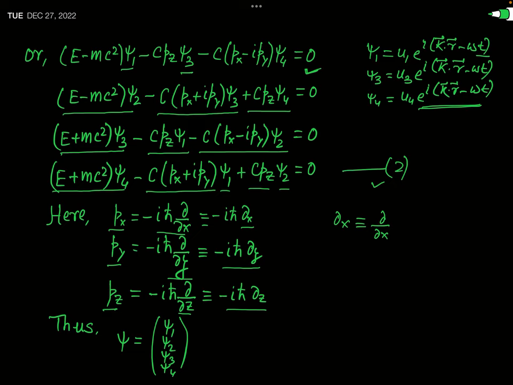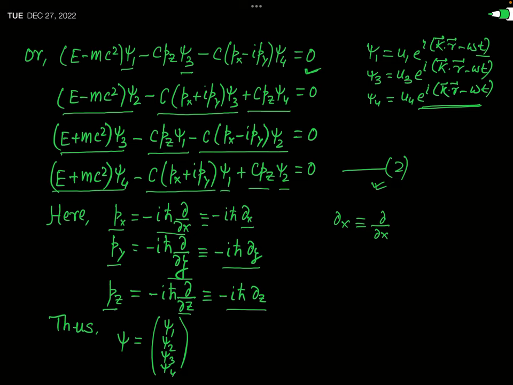So the equations in 2 then become simply, in place of psi 1, psi 2, psi 3 and psi 4, there will be u1, u2, u3 and u4. So you can easily write the equations in equation number 2 in terms of u1, u2, u3 and u4.